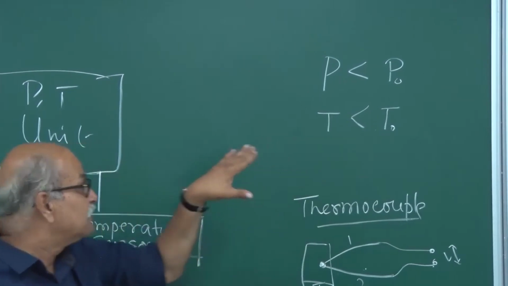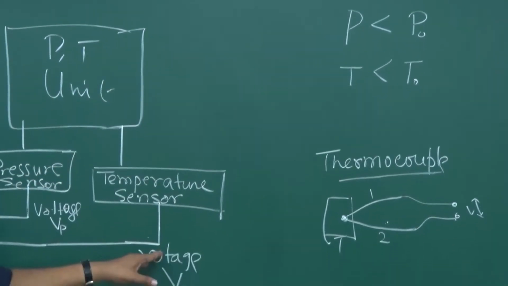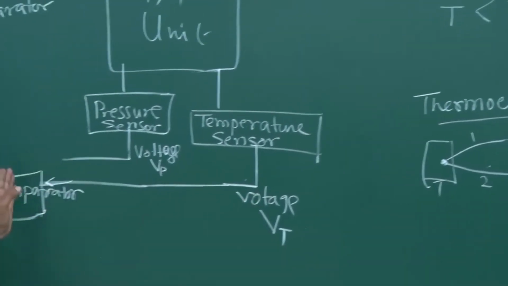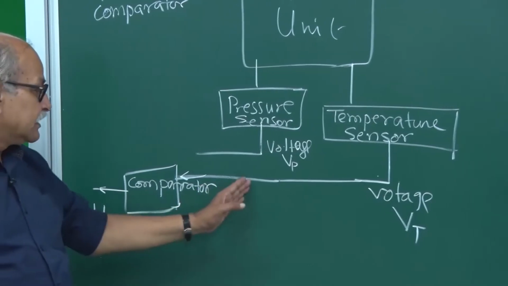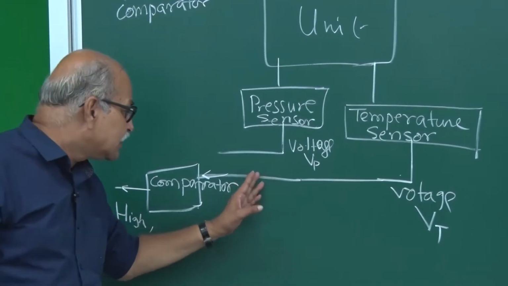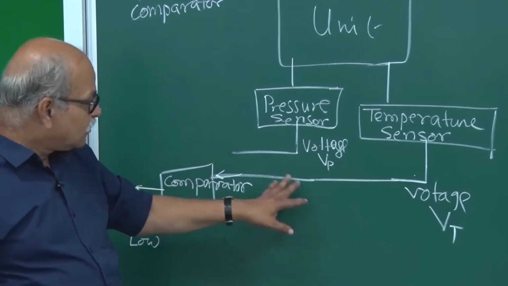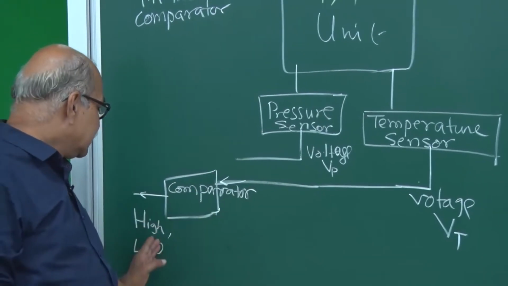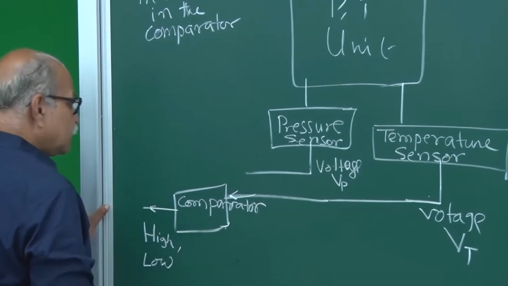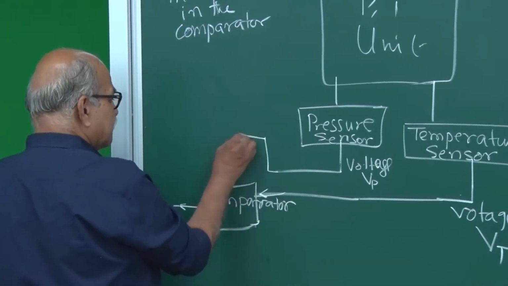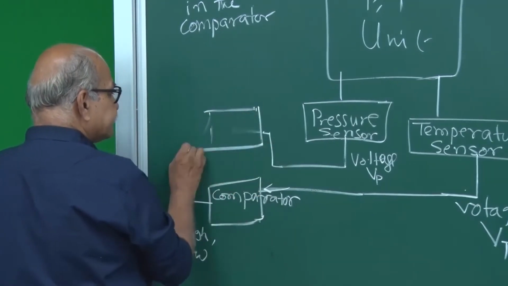I know at 370 degrees Celsius how much voltage will be created here, so I can put that as the preset value. So, the moment this signal is more than that, it gives me this high output, and as long as it is less, it gives me the low output. So, this is it. Similarly, you can have a comparator here.